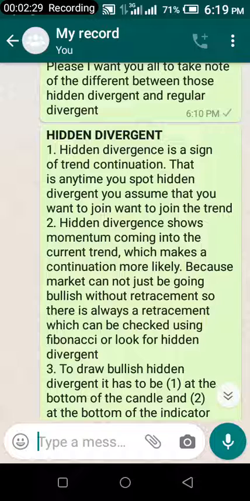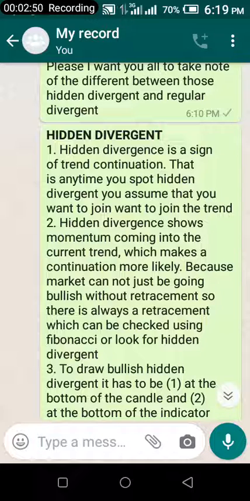And this type of reversal, it may be just a pullback, or let me say, it may be a retracement. Because some people, if I say regular divergence it brings about reversal, they will think it is a total reversal. No, though it may be a total reversal, and sometimes it may be just a retracement.